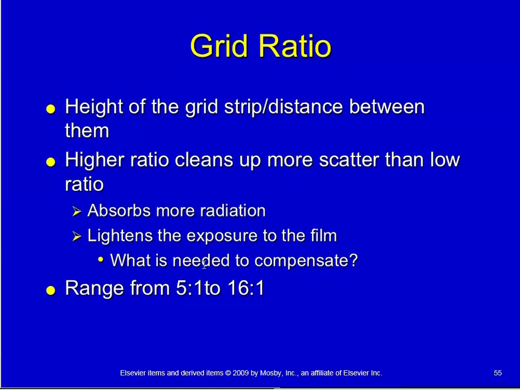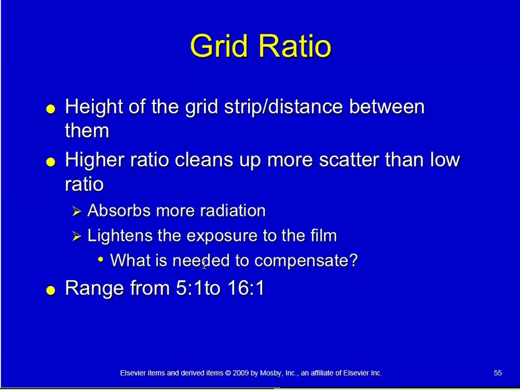It's an ugly image because there's a lot of scatter on the image. I need you to go back and shoot this again with a grid. If you went back into the patient's room and you shot them with, let's say, an 8-to-1 grid, then your index number is going to show that you underexposed the patient.